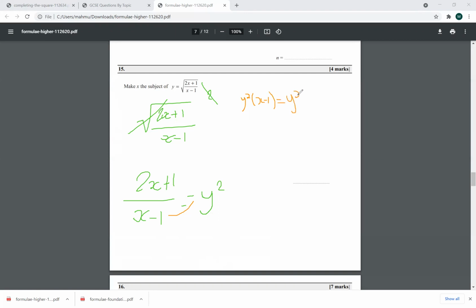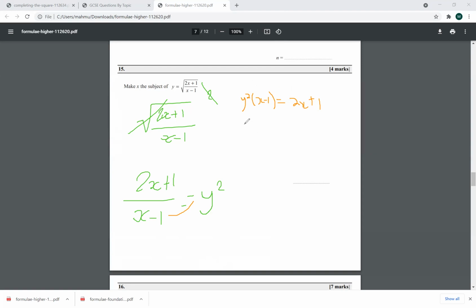No, wait. So y squared times x minus 1 equals y squared. It's 2x plus 1. 2x plus 1 stays on its own. So I've separated these two together. Does that make sense? So now I have 2x plus 1. I have to bring this 2x to this side and keep the 1 on its own.